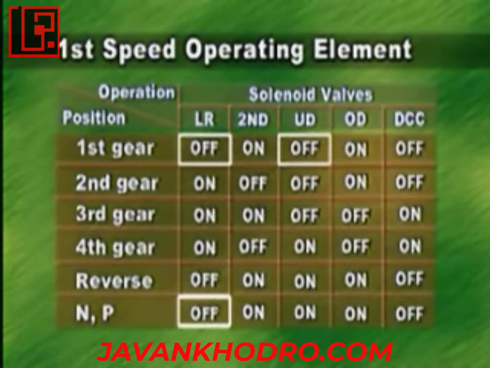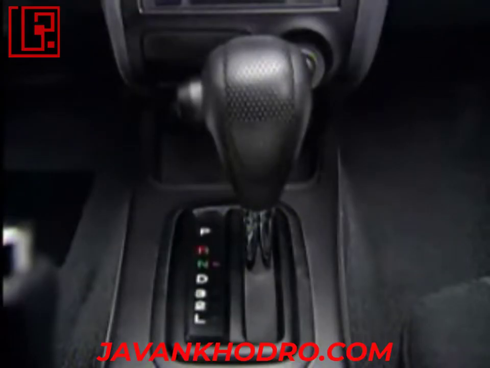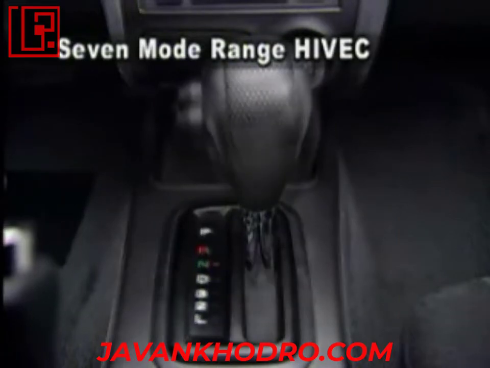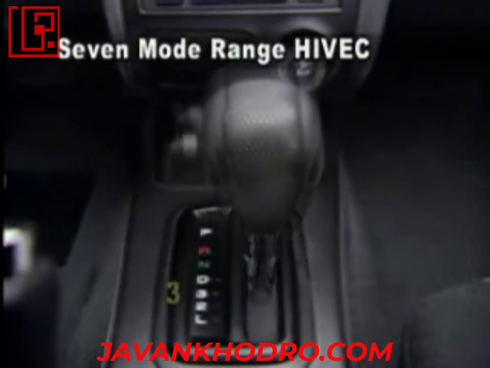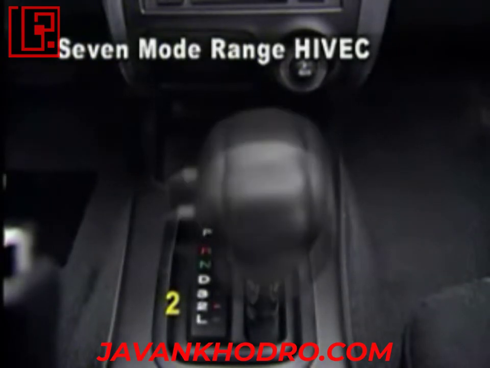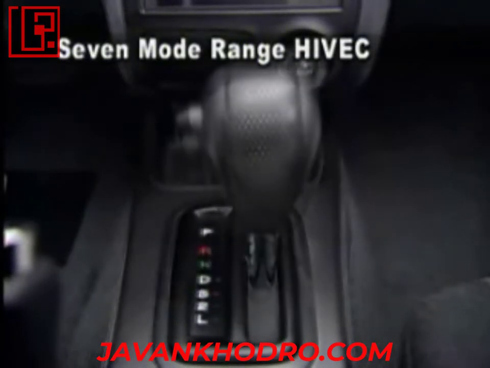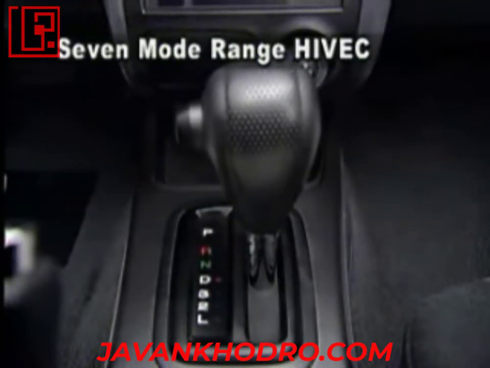Therefore, underdrive clutch mainly influences the oil pressure flow. In the high-VEC automatic transaxle, in which sports mode is not adopted, there are another 3 driving ranges, except D range, regardless of 4-speed or 5-speed.